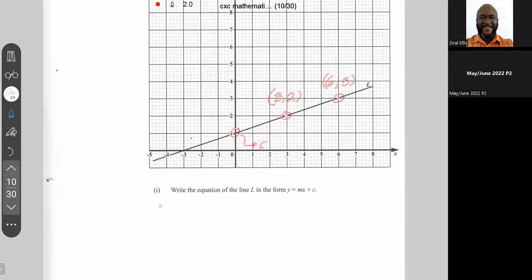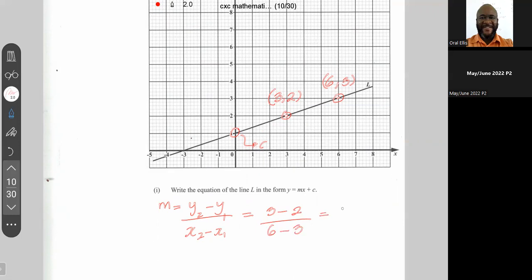So my gradient m is equal to y2 minus y1 over x2 minus x1. This is equal to 3 minus 2 over 6 minus 3.